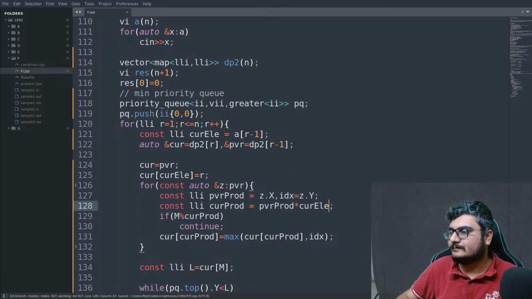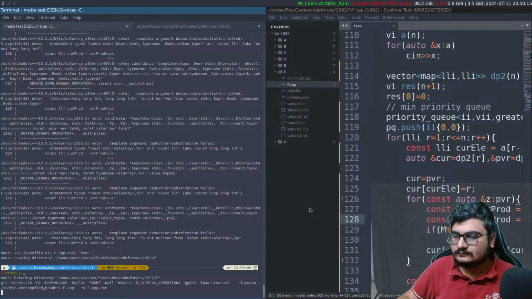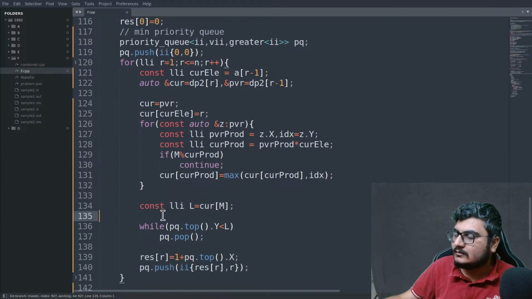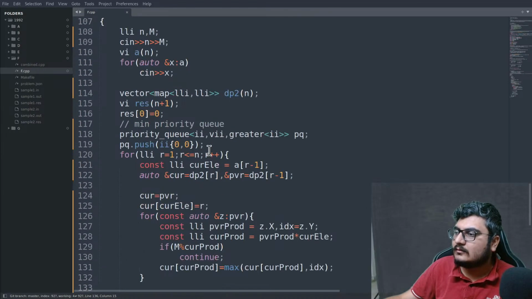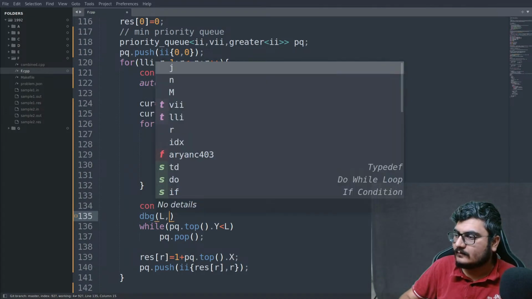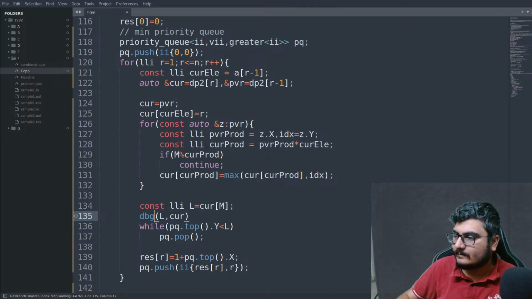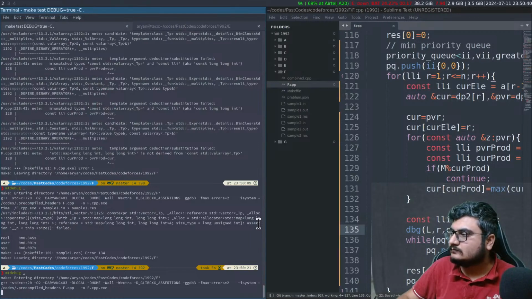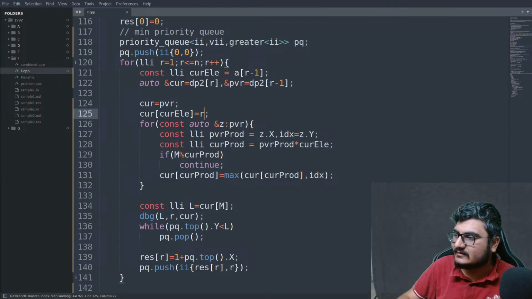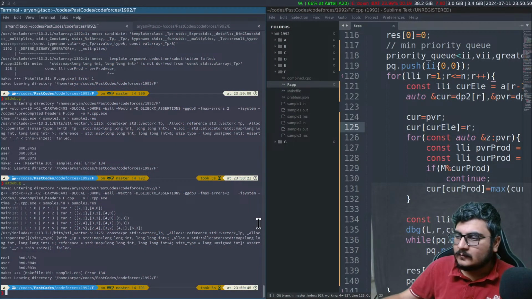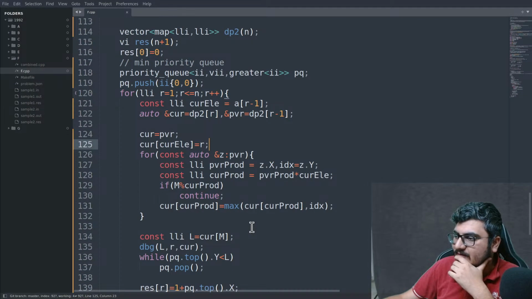This should be current element. I am mostly done with F. Okay, I forgot to add, no, I did add current element here, right? It says it fails somewhere here only.